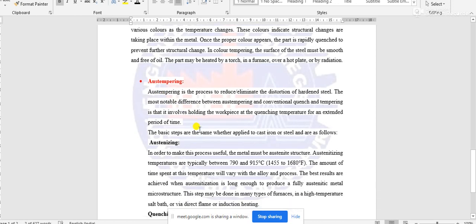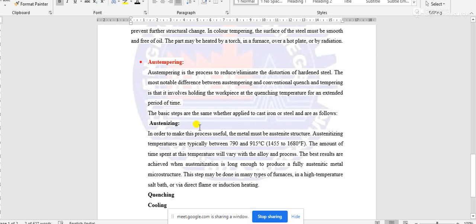But obviously this tempering process can be done only for austenite steel. That means the temperature must be in the range 790 degrees Celsius to 915 degrees Celsius, because in this range the iron will be modified to austenite iron or gamma iron, and the steel at that moment will be austenite steel.